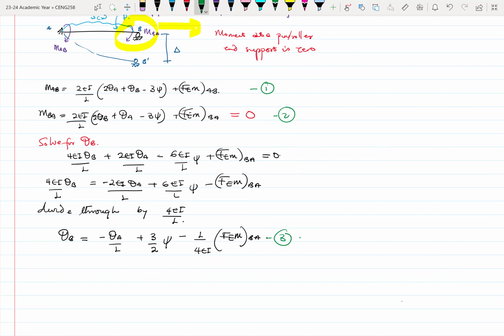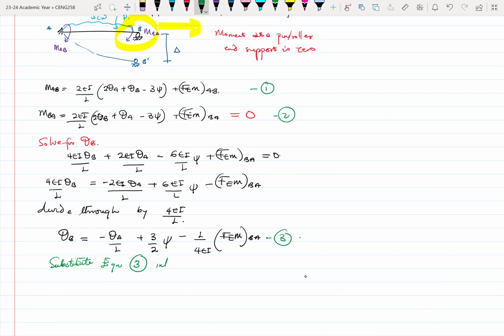So what we can do is substitute equation 3 into equation 1.